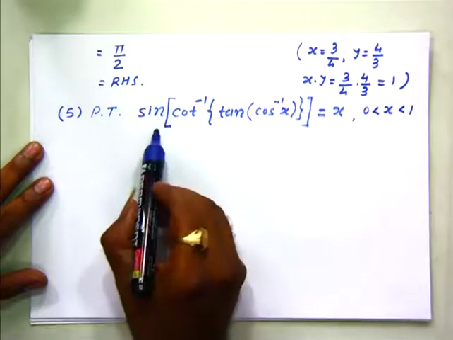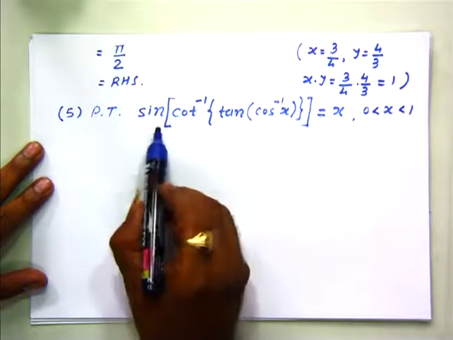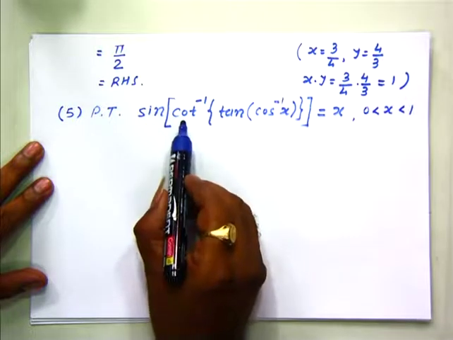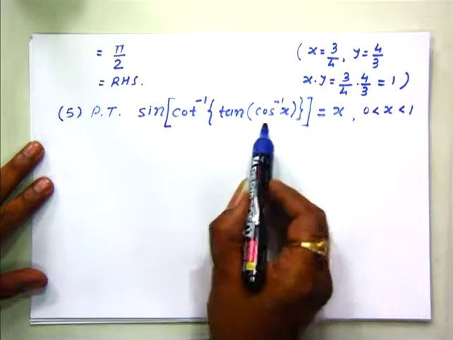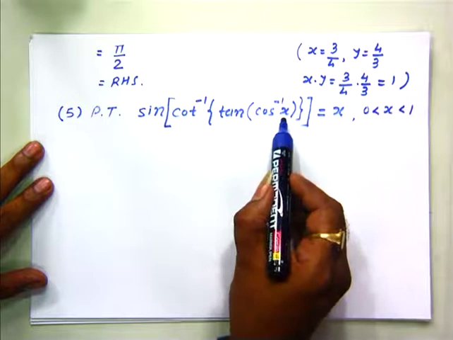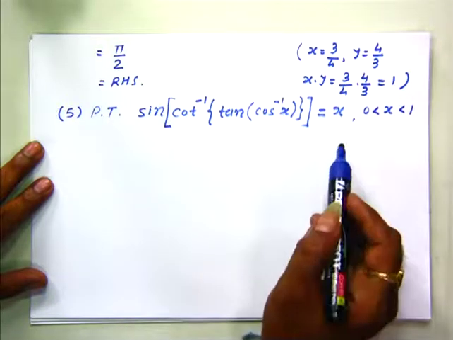See, very beautiful example. Prove that sine of cot inverse of tan of cos inverse x equal to x.